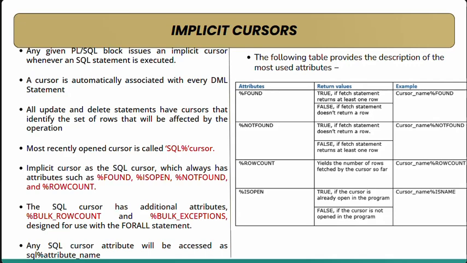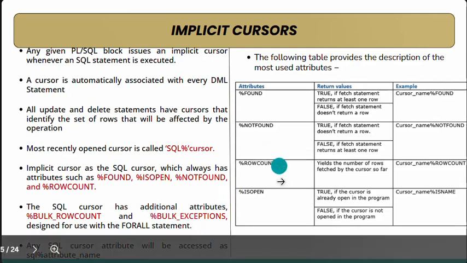It also has additional attributes, bulk row count and bulk exceptions, designed for use with the FORALL statement. An SQL cursor attribute is accessed as SQL%attribute name.